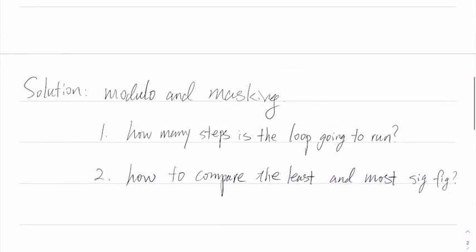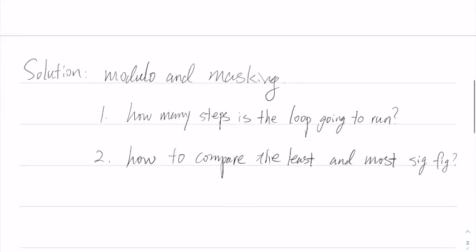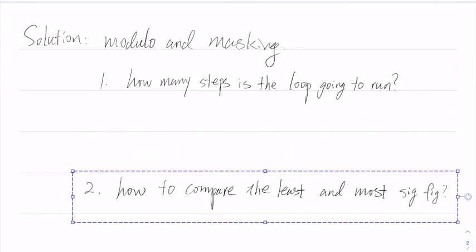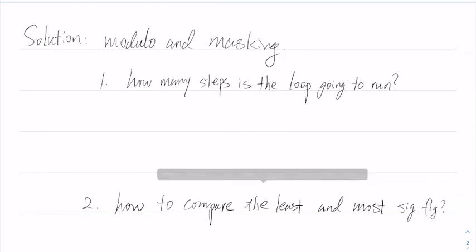Alright, so in the solution we're going to use modulo, and we're going to use some kind of masking. The core problem we're dealing with is, first we have to figure out how many times the loop is going to iterate, because obviously we're going to compare the first and last digit, and we're going to compare digit by digit.